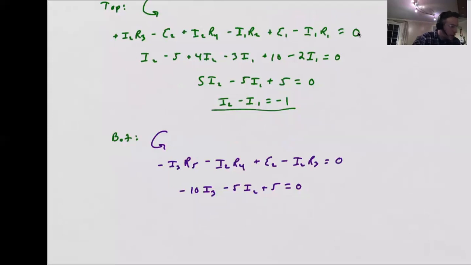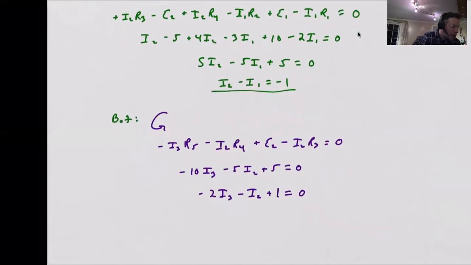Yes, that is good. Okay, so dividing out the 5, what I see is a minus 2 I3 minus I2 plus 1 is equal to 0. Okay, and so from that, I can rearrange this and say that 2I3 plus I2 is the same as 1.